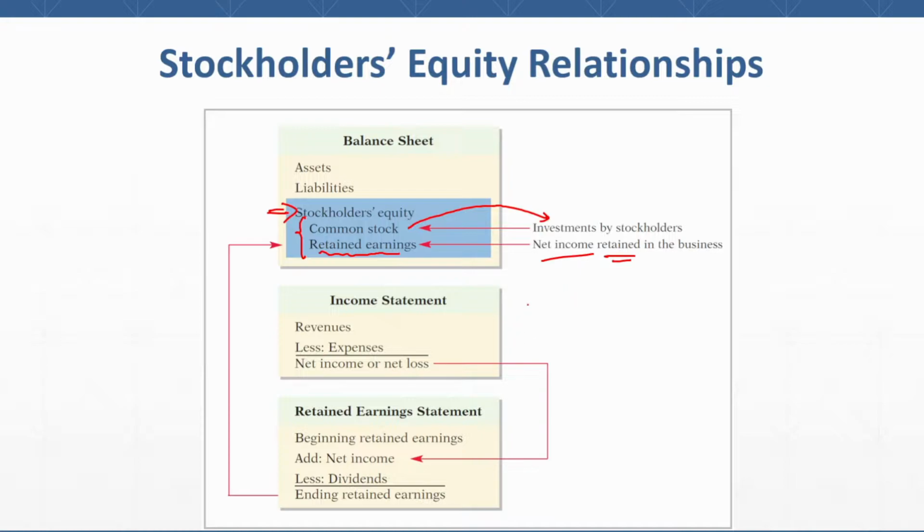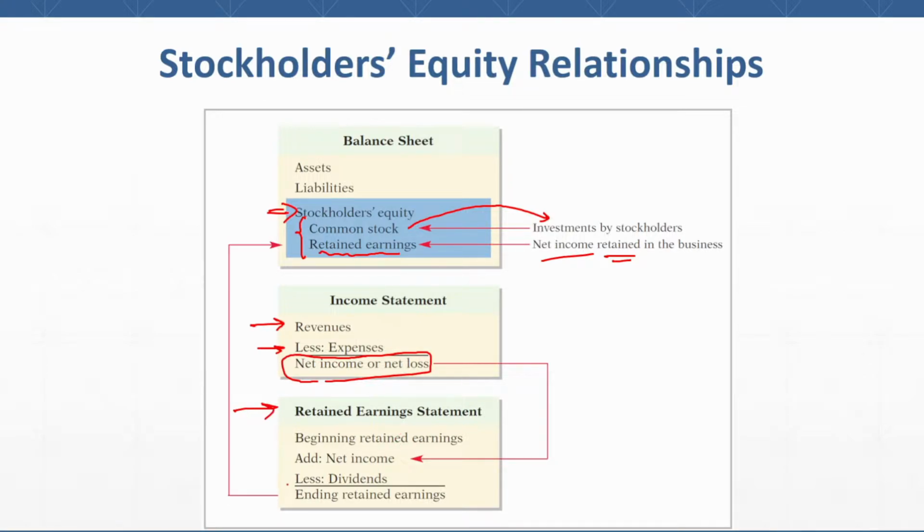So what is the money that we make in the company? You take your revenues, you deduct your expenses. It is called net income or net loss. If expenses are more than revenue, that would be loss. The net income is the money that you made in your company. You take that net income and you put it into the retained earnings statement.